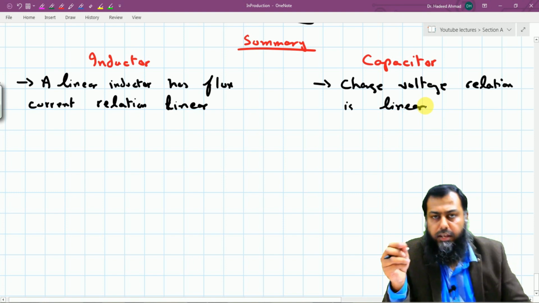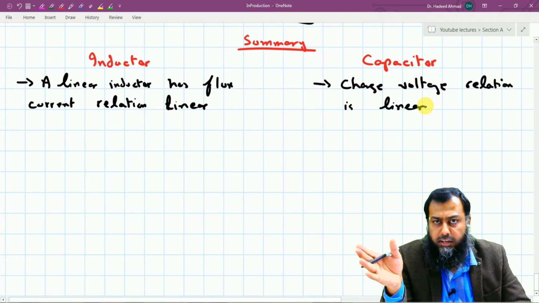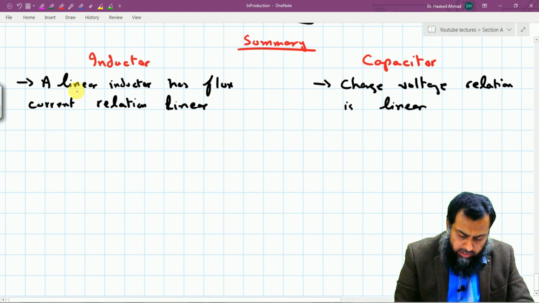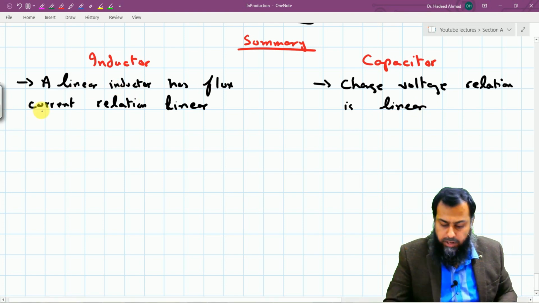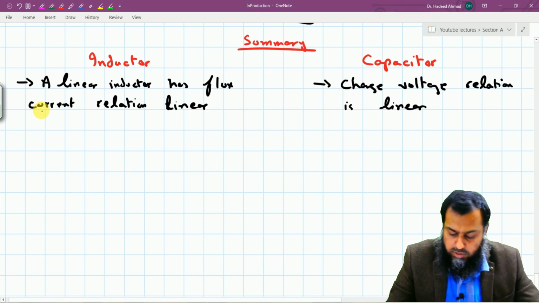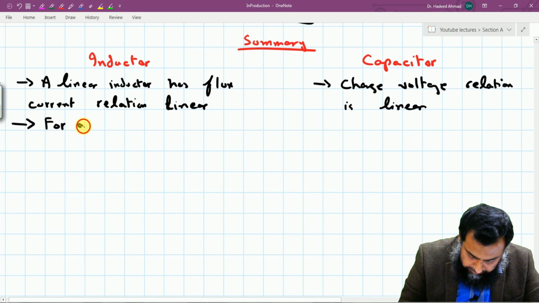Remember that both the linear capacitor and linear inductor have nothing to do with the voltage and the current relationship, just like the resistances we have seen earlier. So for the inductor, the flux current relationship is linear, and for the capacitor the charge voltage relation should be linear.